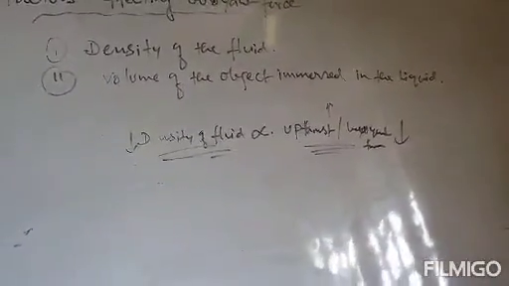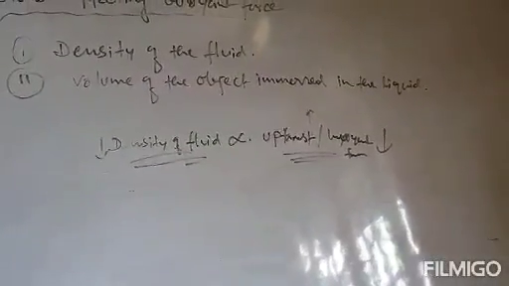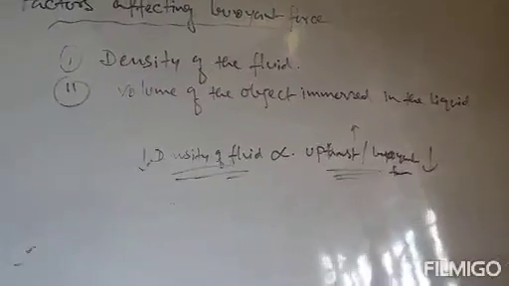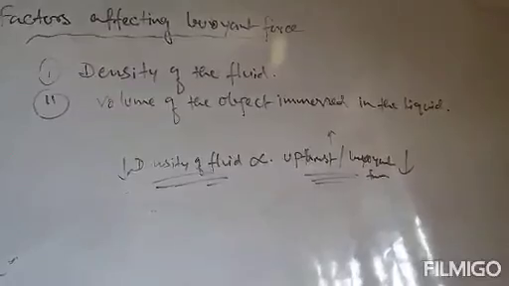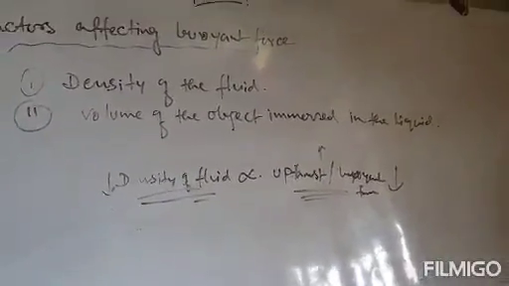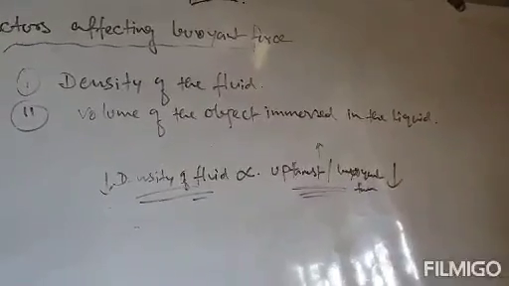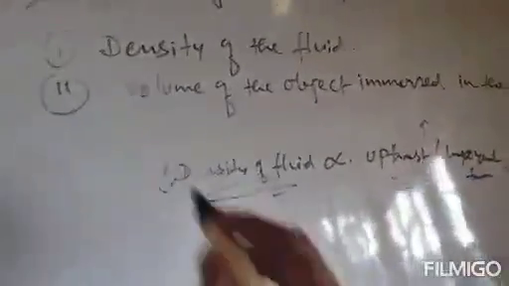Now whenever you immerse any object in a liquid, the buoyant force is dependent on its volume. How is it dependent? If the volume of the solid immersed inside the liquid increases, the upward buoyant force also increases.